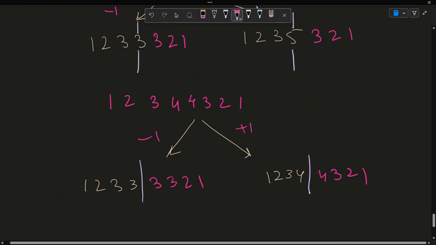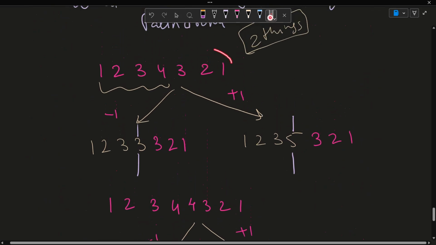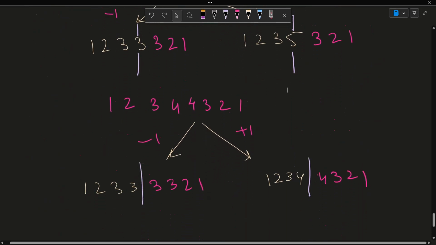Copy each and every element. If it were odd, I just copy the first element, that is not this. Okay, so not the length of the prefix but the length of the original string. I misspoke that. If the original length of the string is even, I take this whole and mirror this. If the length of the original string is odd, I take the first length by 2 minus 1 and I just mirror that. I hope you get the mirroring part.